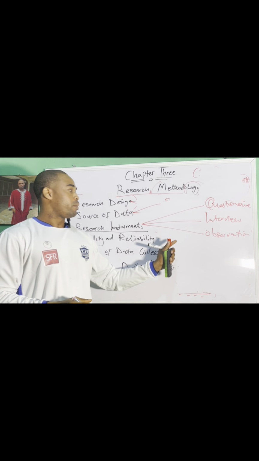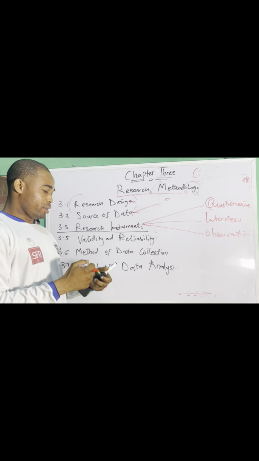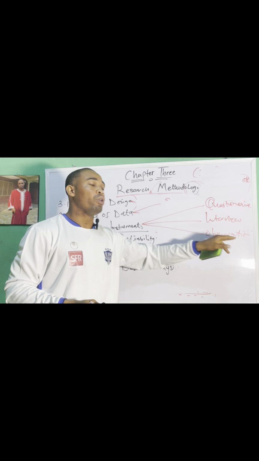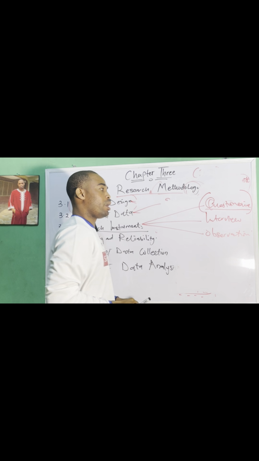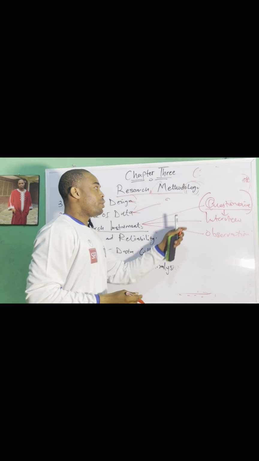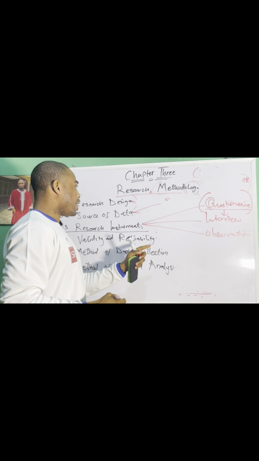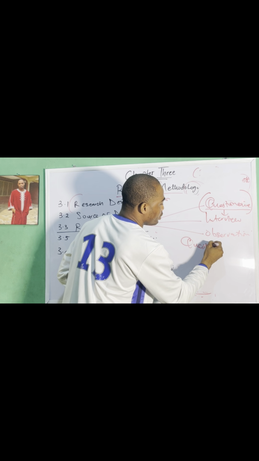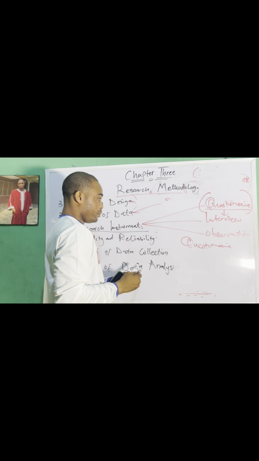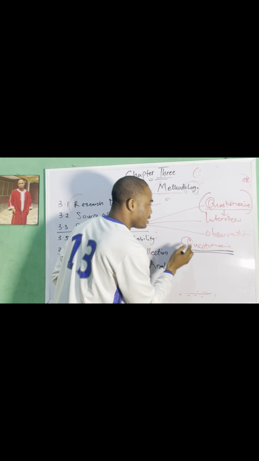This is under primary data, where my research instrument can be questionnaire, interview, or observation. But most researchers usually make use of what? Questionnaire or interview. So let's simplify this. Let's assume that in this primary data, what we need to use is questionnaire. Our own research instrument is going to be questionnaire.